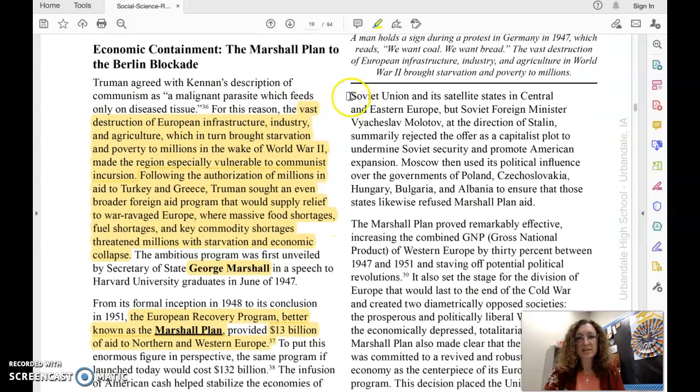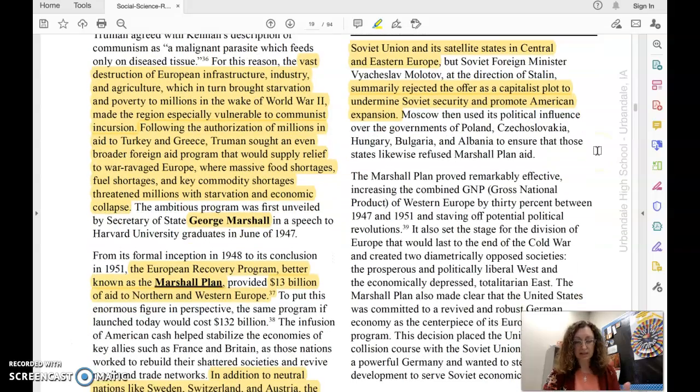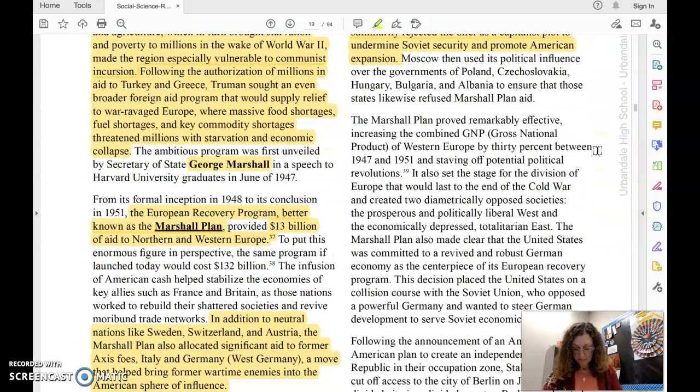The Marshall Plan was also offered to nations like the Soviet Union and its satellite states. But in order to accept the money, these countries had to agree to certain things that were more capitalist in nature. So all of these nations say, no way, I'm not going to take this money, because they don't want to undermine the Soviet plans to spread communism in these countries.